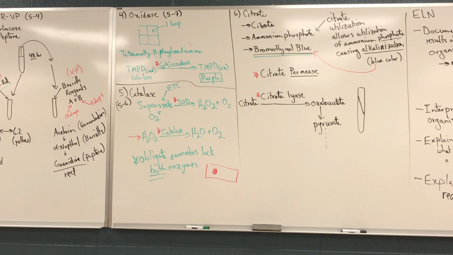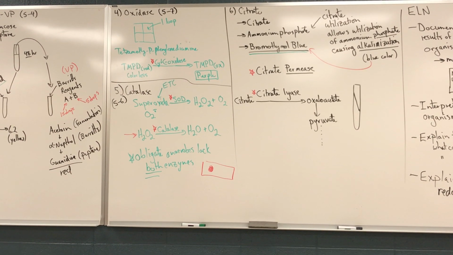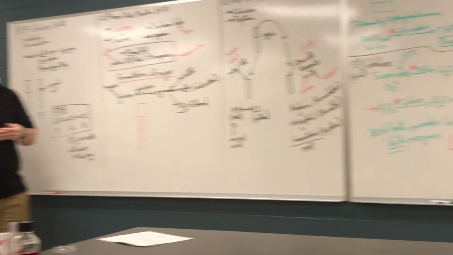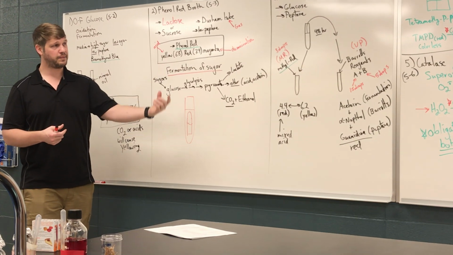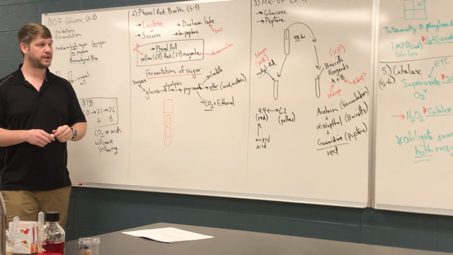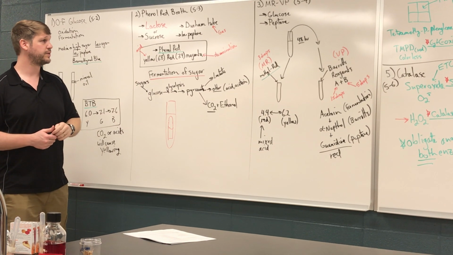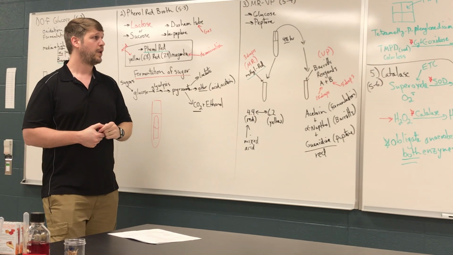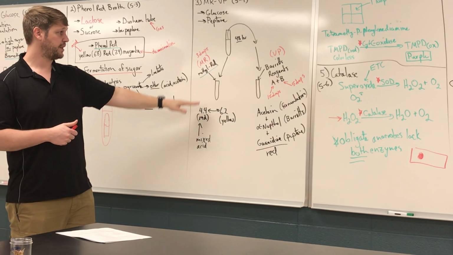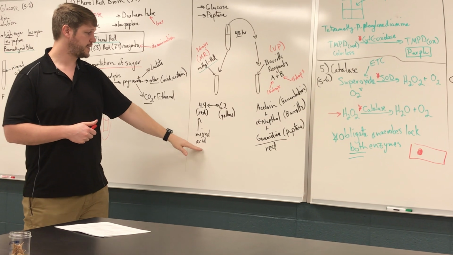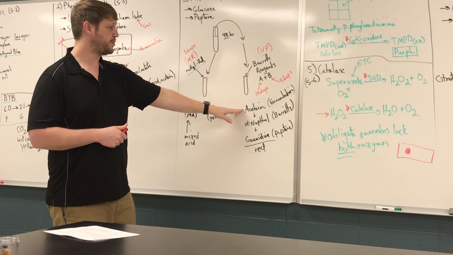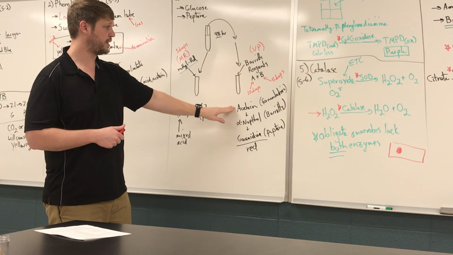So like I said, this week is mostly about utilizing a pH indicator of some sort to indicate something about the metabolism of the organism, either its ability to utilize a sugar, something like lactose or sucrose, or its ability to produce a particular end product, like mixed acid fermentation or a neutral fermentation end product like acetoin.